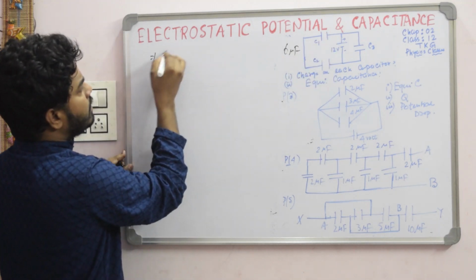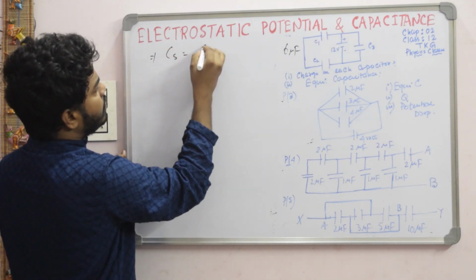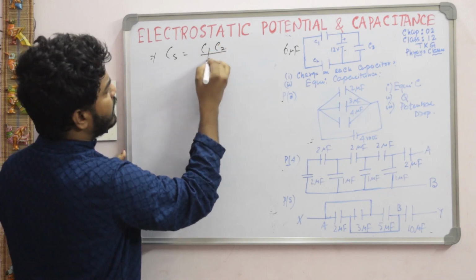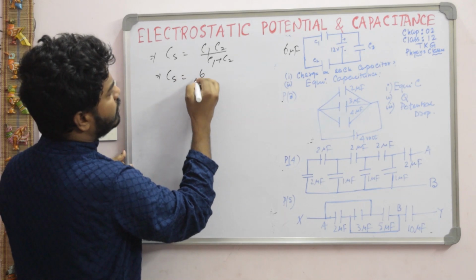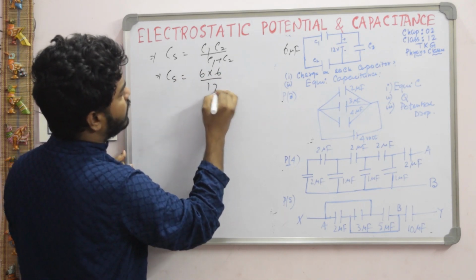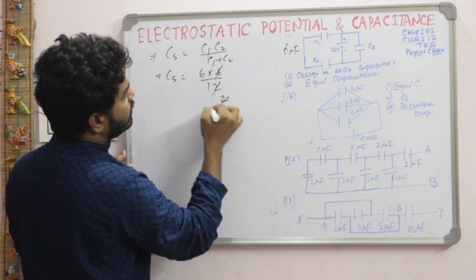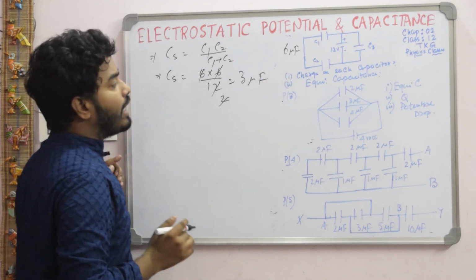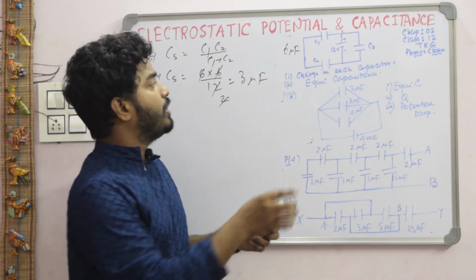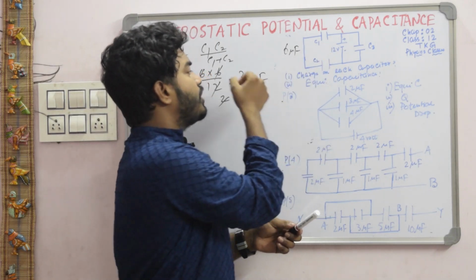The formula is Cs equal to C1 C2 divided by C1 plus C2, so Cs is equal to 6 into 6 divided by 12, that is 3 microfarad. The equivalent capacitance between C1 and C2 is 3 microfarad.